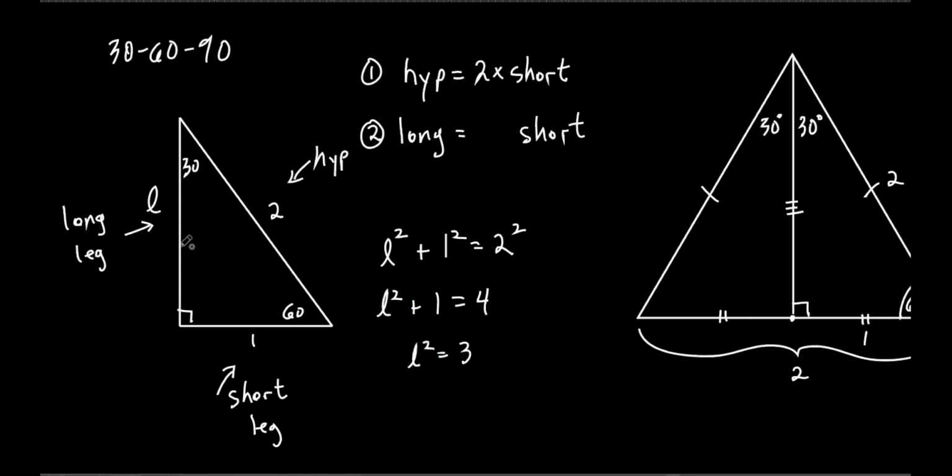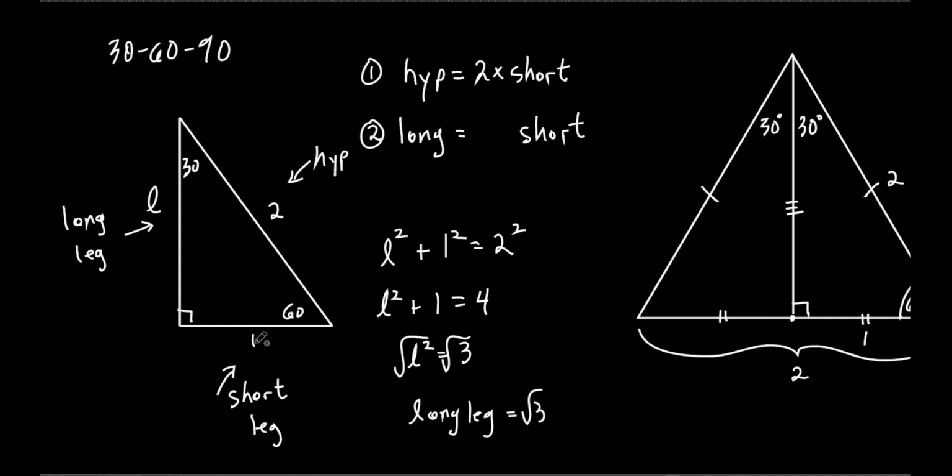Now, this is not 3. What is it? Exactly right. It's the square root of 3. So the long leg is equal to the square root of 3. See how I set up my little formula right here? So the long leg is equal to what? The square root of 3 times the short leg.